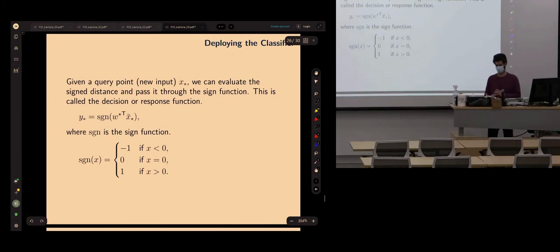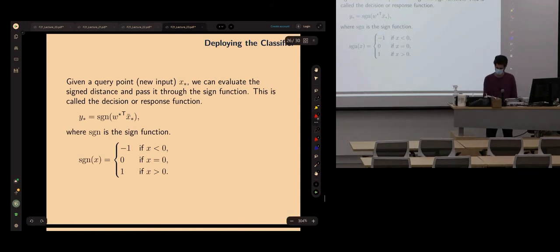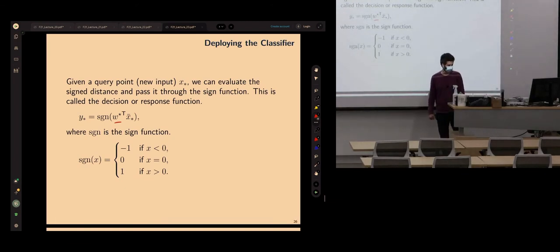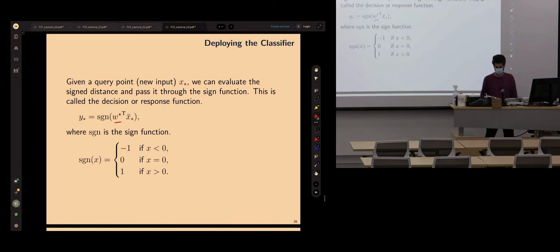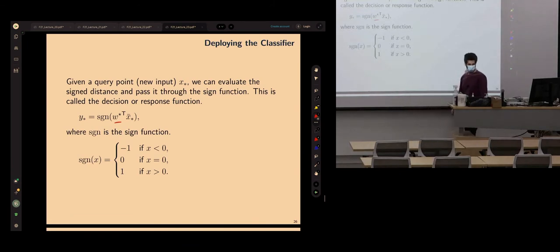Once you train your model and then test it maybe on some examples, you want to deploy it. To deploy your model for new input, you want to make a prediction. Now, suppose you have the W. What you can do is take the sign of W transpose X. Basically, you're calculating the signed distance, right? Scaling it by the norm of W will not change the sign of this. Calculate the signed distance, but only take the sign of it. That's your output for a new input.